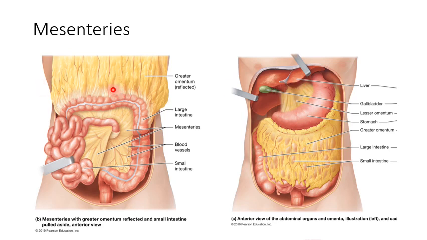Then in this view, the greater omentum has been lifted up and is exposing the rest of the mesenteries behind it. So all of these long convoluted folds of the small intestine would have a mesentery attached to their other side that's pulling back up into here for structural support.